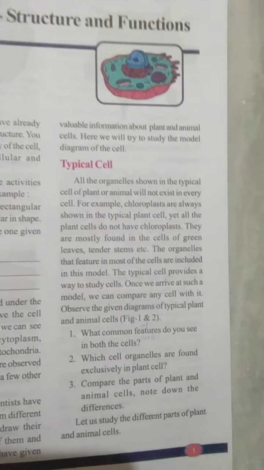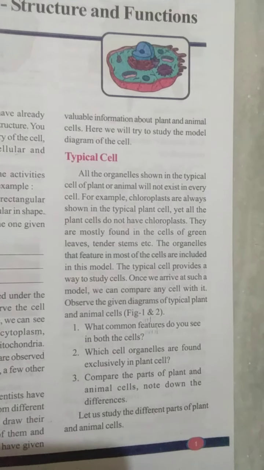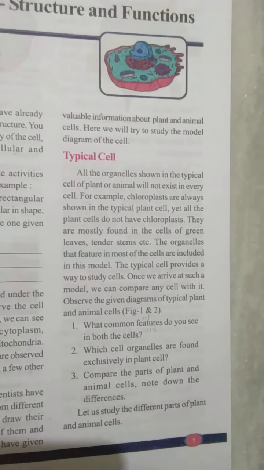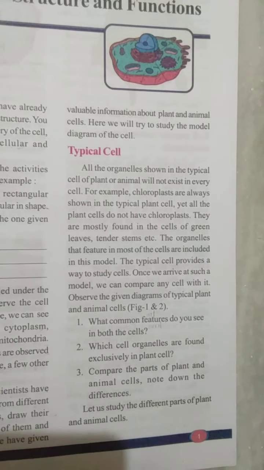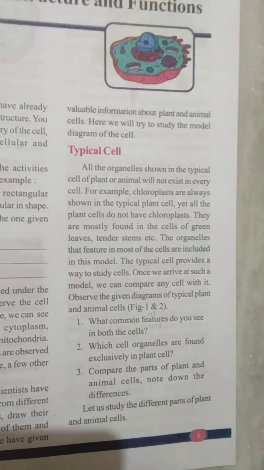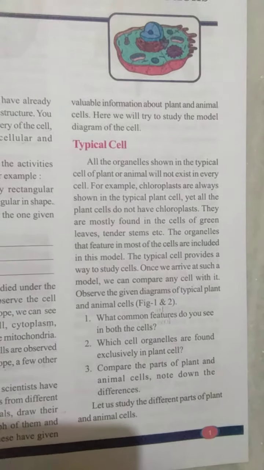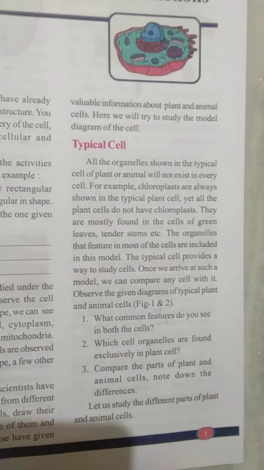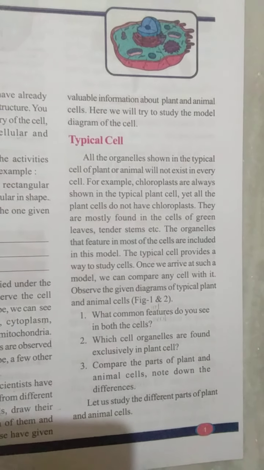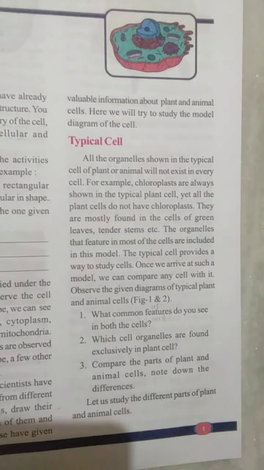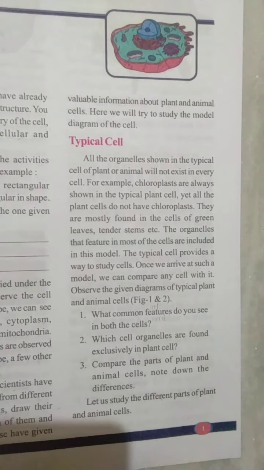Okay, now we'll see about a typical cell. See, all the organelles shown in the typical cell of a plant or animal will not exist in every cell. That cannot exist in every cell. For example, chloroplasts are always shown in the typical plant cell, yet not all plant cells have chloroplasts.